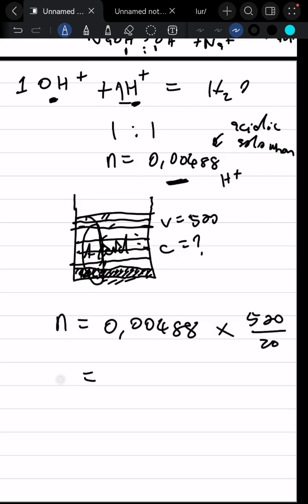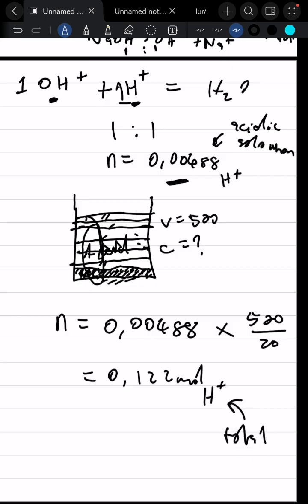On the calculator, 0.00488 times 25 gives 0.122 moles. These moles are the hydronium ions. These are your total number of moles.